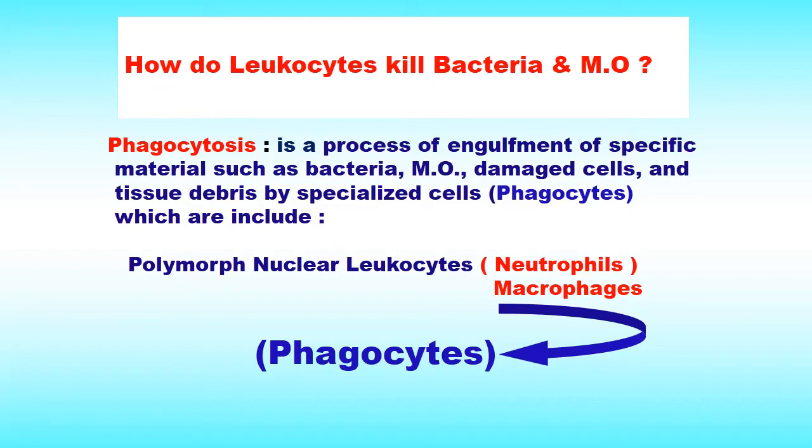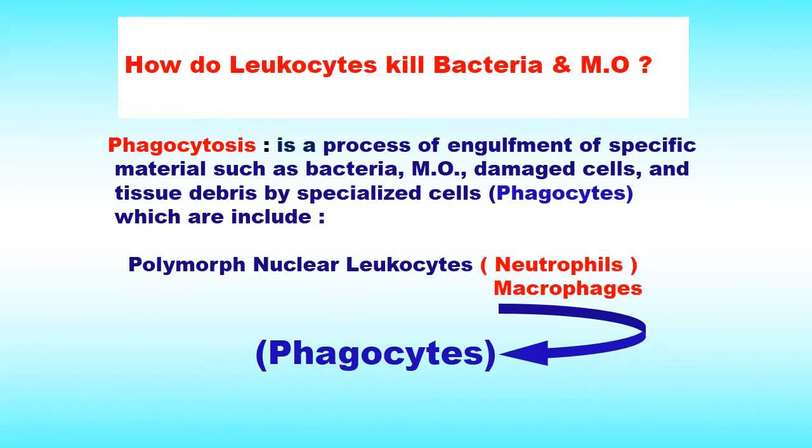Phagocytosis is a process of engulfment of specific material such as bacteria, microorganisms, damaged cells, and tissue debris by specialized cells called phagocytes, which include polymorphonuclear leukocytes or neutrophils. In the tissue, neutrophils are called polymorphonuclear leukocytes, while in the blood they are called neutrophils.